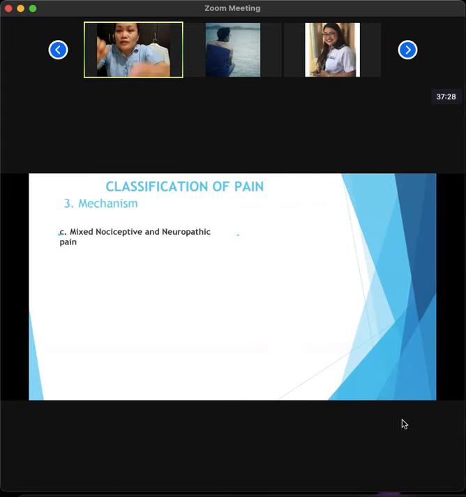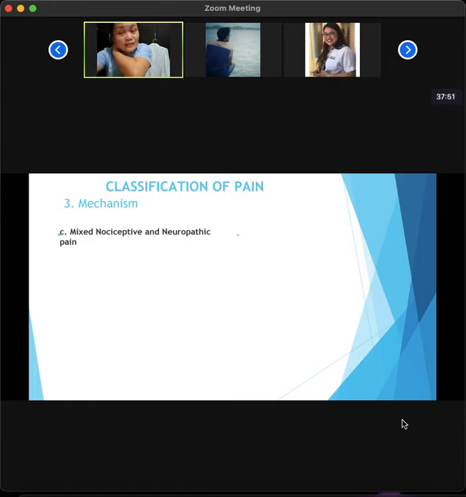So, what are the classifications of your pain again? They are classified according to the duration, according to the cause, and mechanism. So, tatlo lang ang ways of classifying your pain. Under your duration is your acute and chronic.